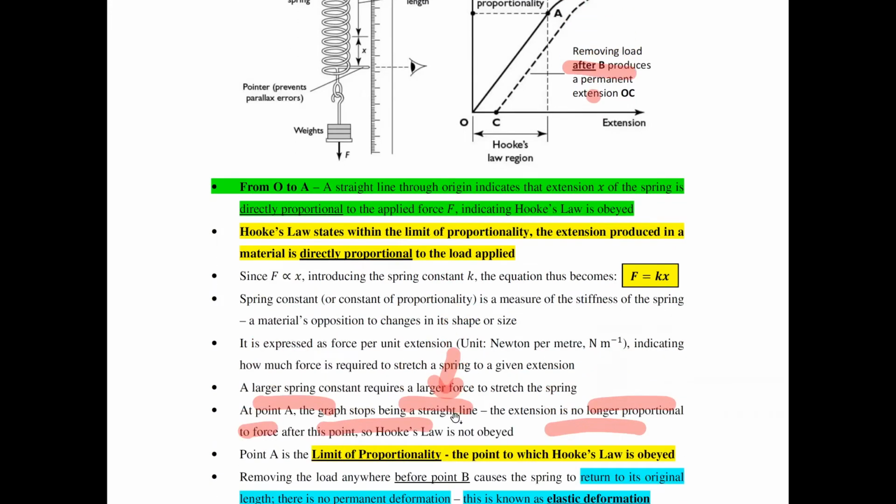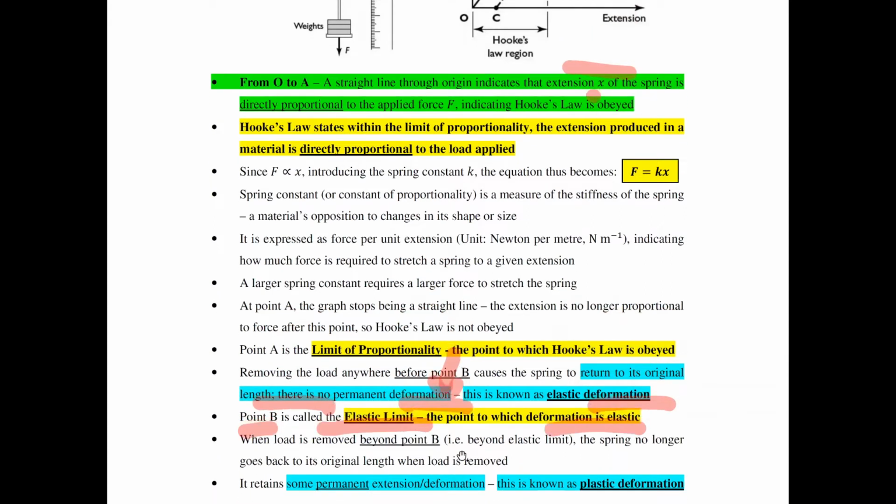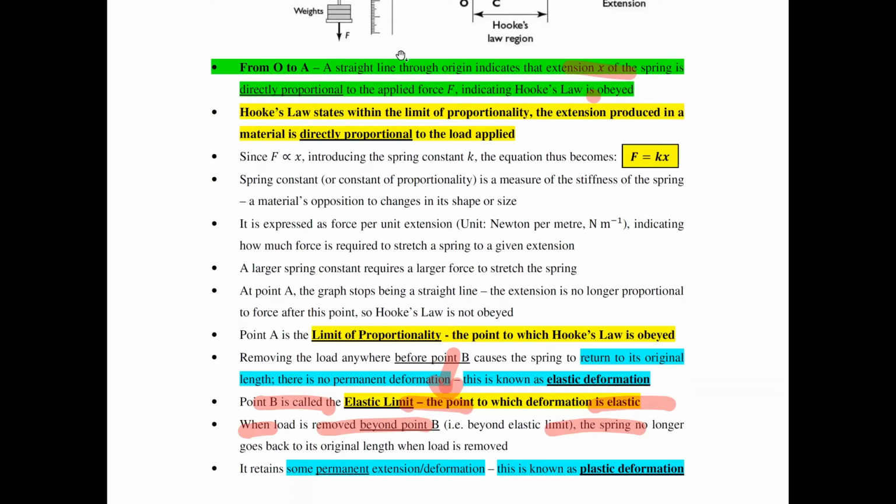Okay, now if you somehow overdo it and then you remove the load after point B, you don't remove it before, this time you remove it after point B, or rather beyond point B, the spring will no longer go back to its original length. All right, you will have some permanent extension or permanent deformation to your spring.